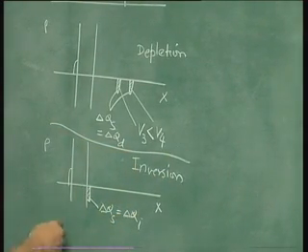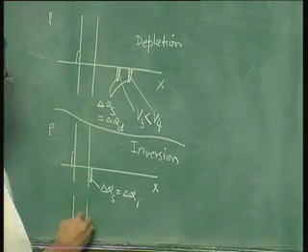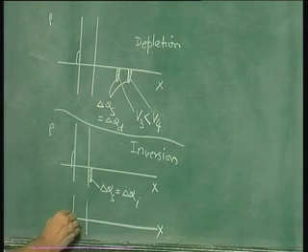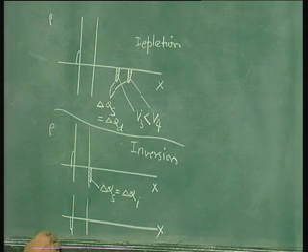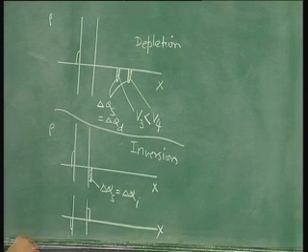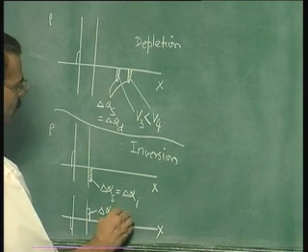Now for accumulation, let us complete the picture. For accumulation it would be exactly similar to this, except the polarity is reversed. For accumulation you have negative charge in the gate and positive charge in the semiconductor. So this is delta Qs equal to delta Qa.